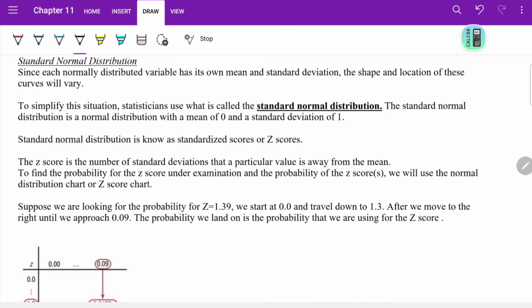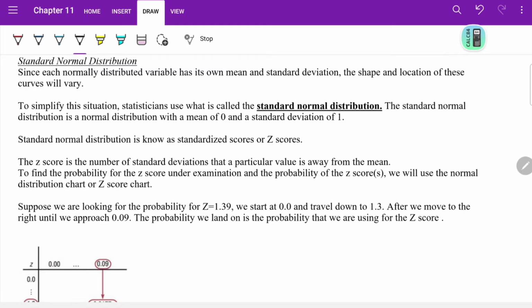We cannot assume that every distribution will have the same mean and the same standard deviation, whether it's light bulbs, like we did for the last one, or weights of newborn babies, or even prison sentences, which are all normally distributed variables, but do not have the same mean, nor the same standard deviation.